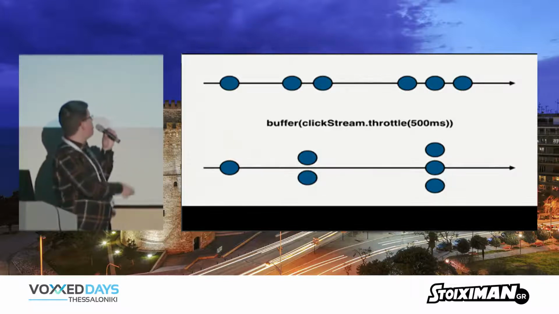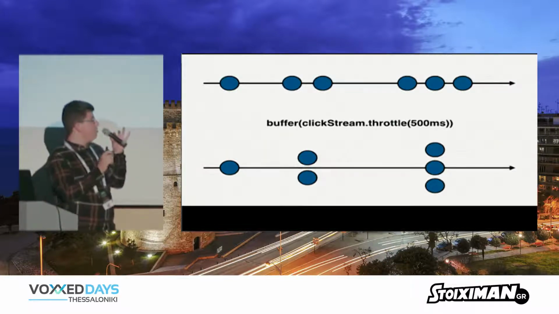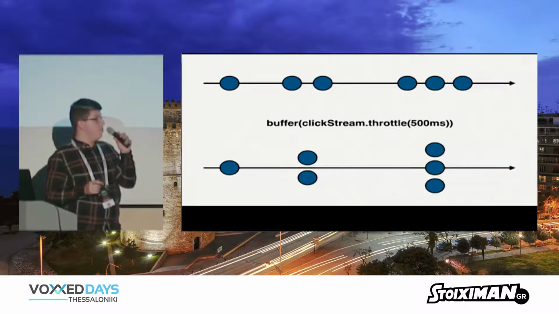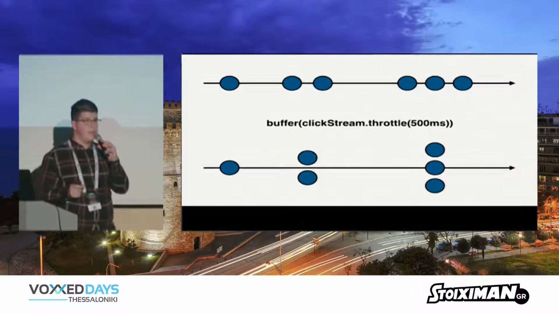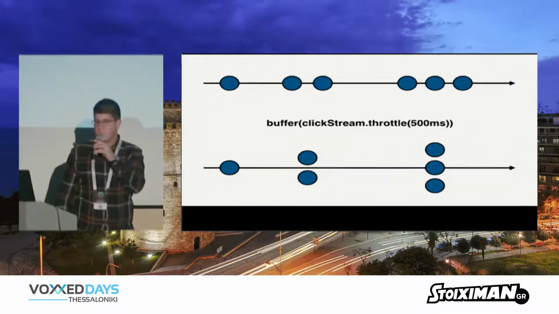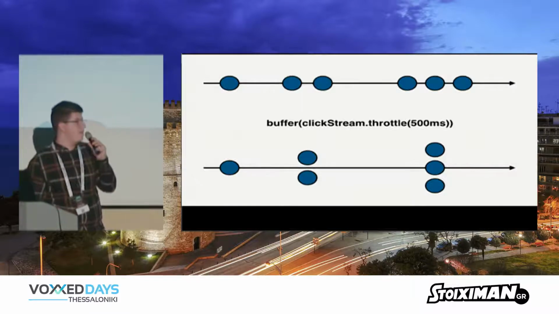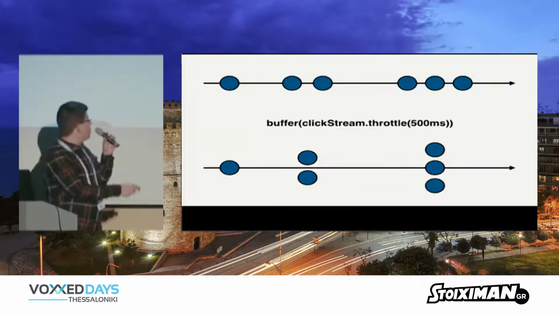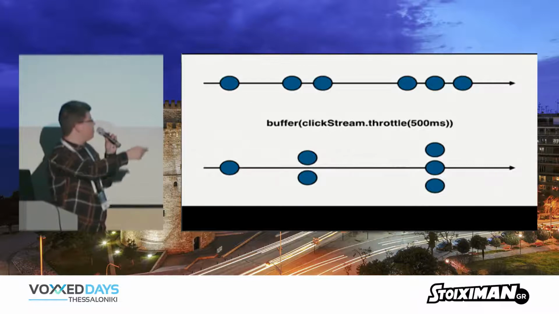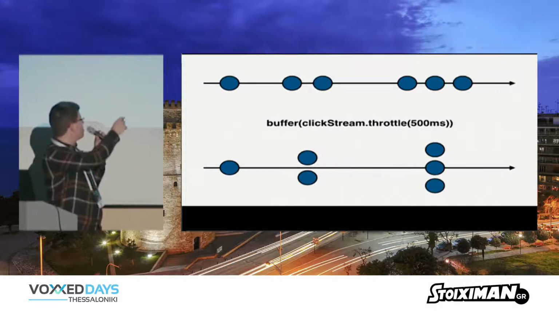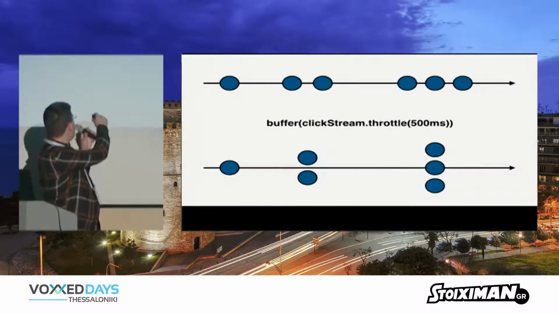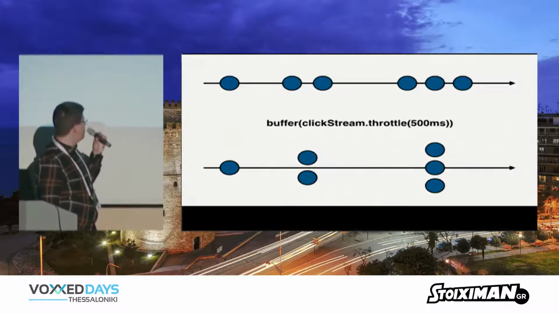We're saying: give me new buffers for the clicks that happened in a range of 500 milliseconds. And we got this: the first buffer has 3 clicks, the second one has 2, and the third buffer has only 1.